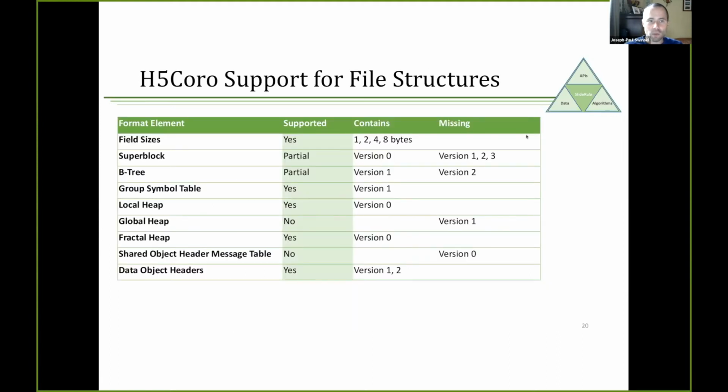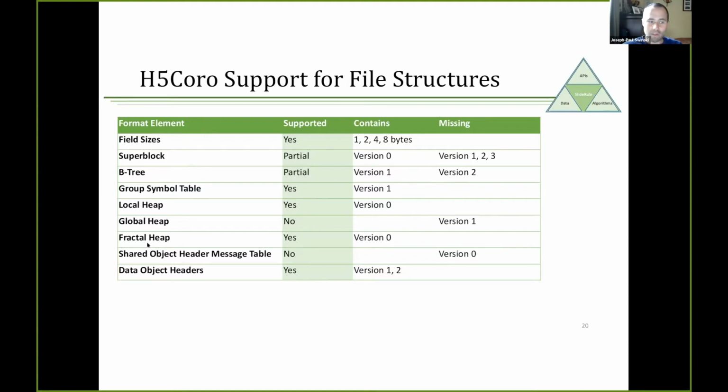But let me show these next 3 things. This is just a chart I put together of the spec. Just to be able to read 1 byte out of a data set, if you want to be fully compatible, you've got to be able to read all these different file structure types and all the different versions for it. Right?